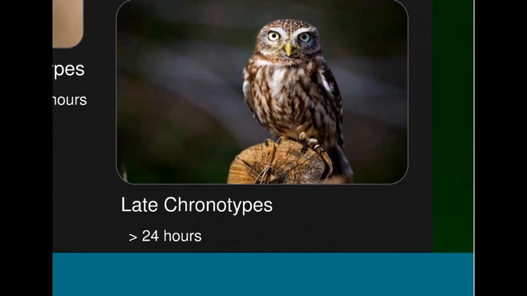And the point is that this can actually change, of course, with age. So the classic example is teenage children who wake up later in the morning. They're typically characterized more as owls. So that's the first thing to understand, that everybody is different, and also that it changes with age.